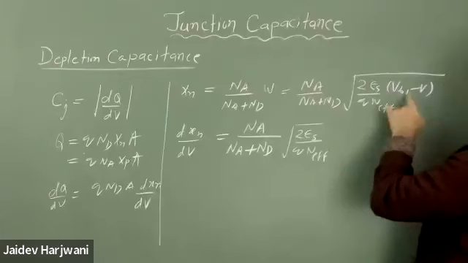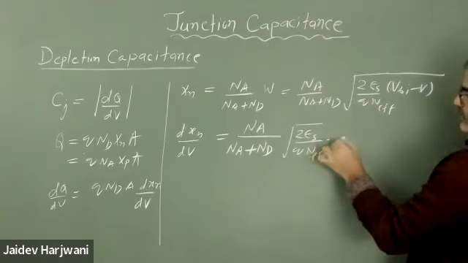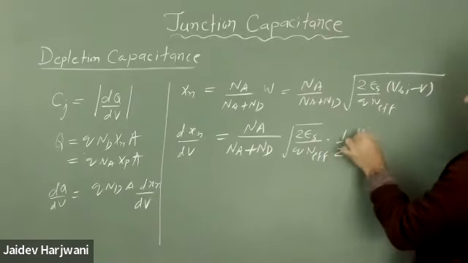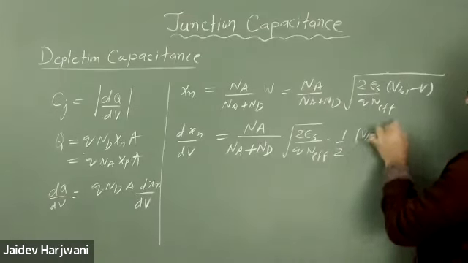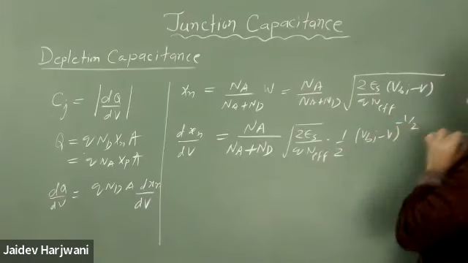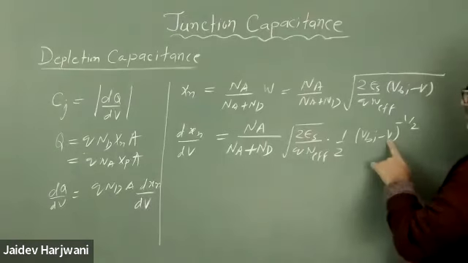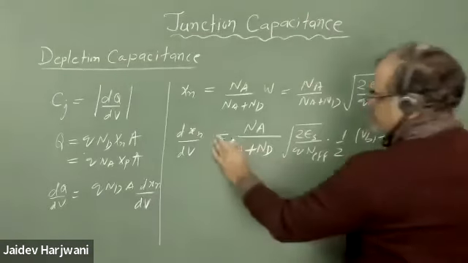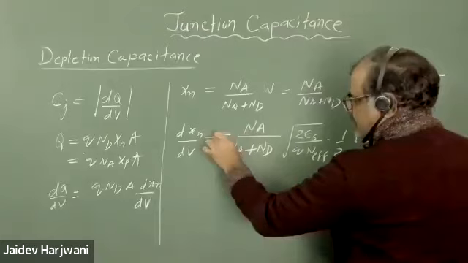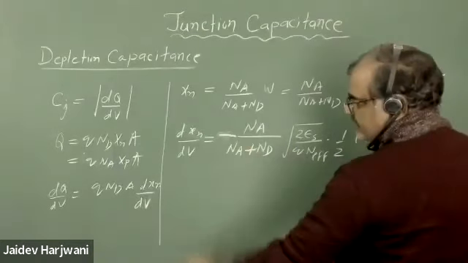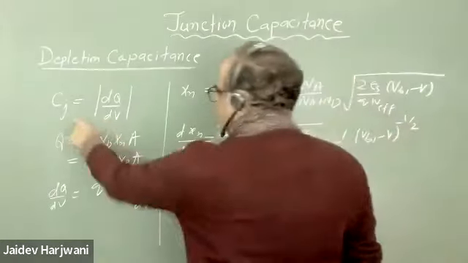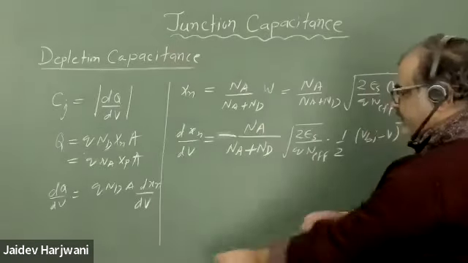Now I will differentiate this with respect to v power half: it will give me half, (VBI minus V) power minus half. When I differentiate V, it will give me minus, so this will come with a minus sign. But we can leave out the minus because the definition of Cj is mod of dq by dv, so minus is not important.